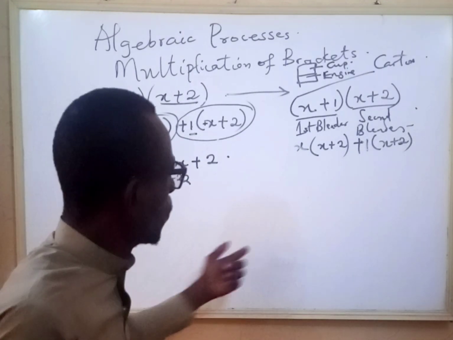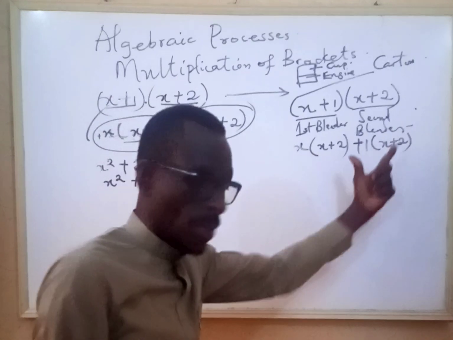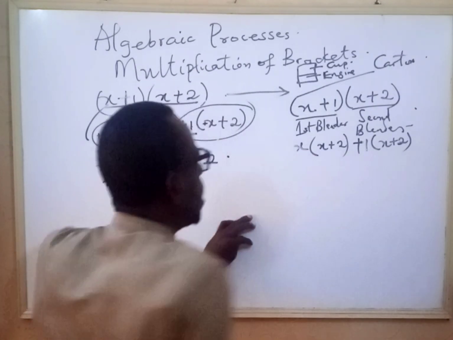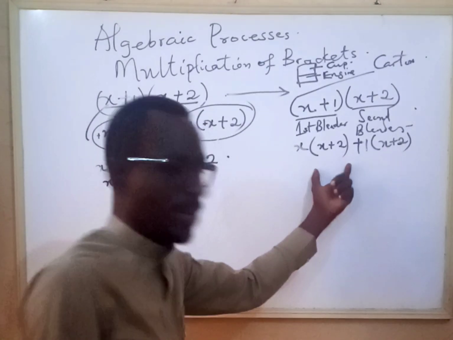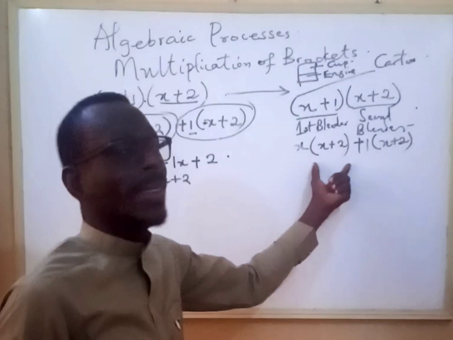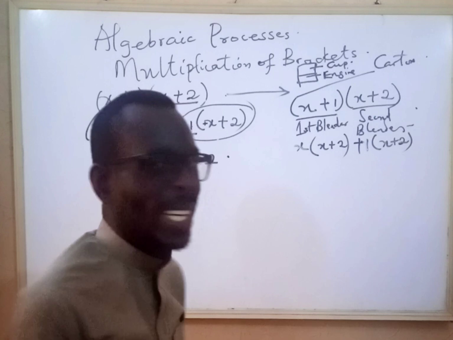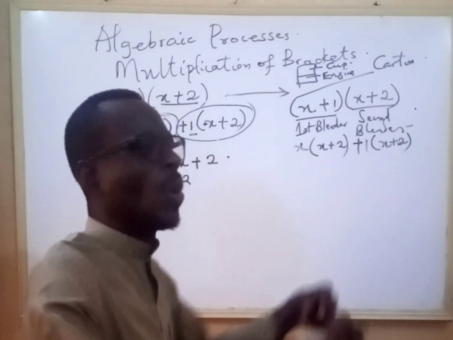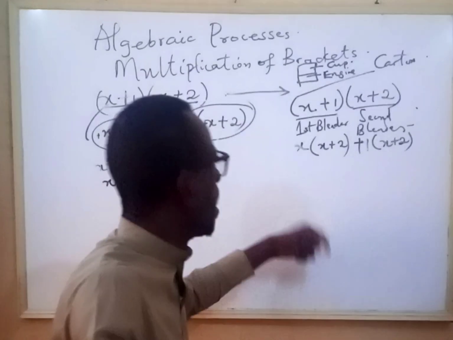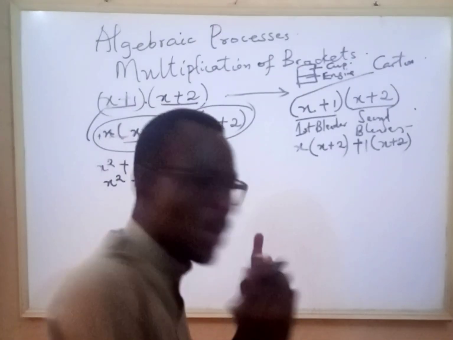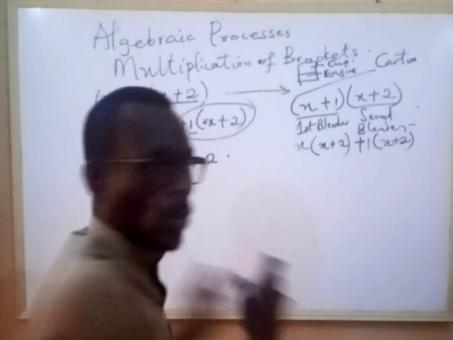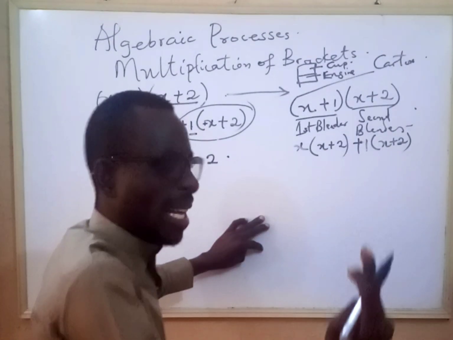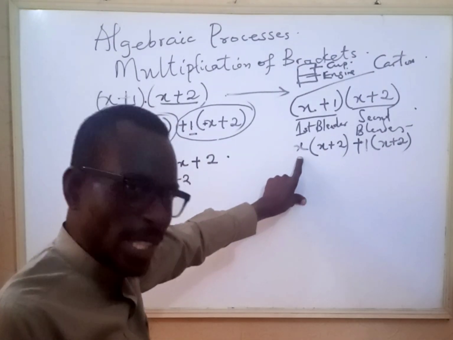Let's go through the concrete aspect. This is an engine. It is now time for us to unpack the second blender, which is the removal of the bracket, removal of the carton. Removing the carton from the second blender has another name in mathematics, the removal of bracket. So removing the bracket, we see that you already have one engine.